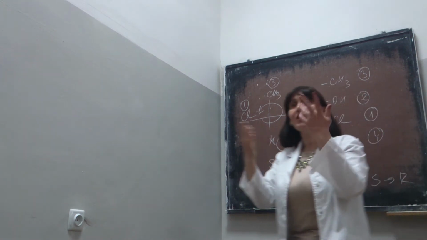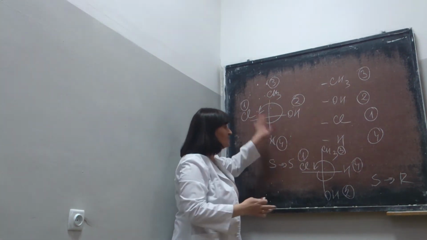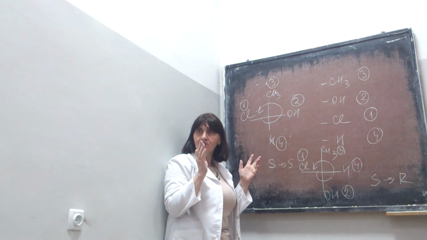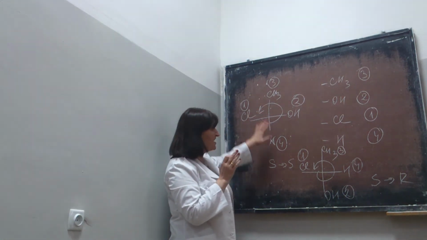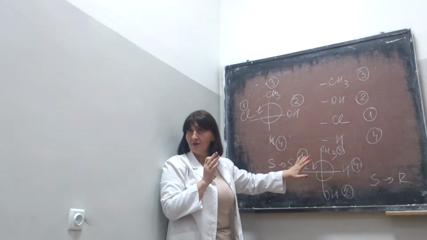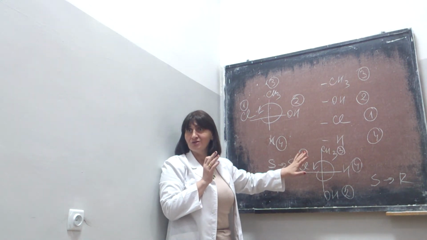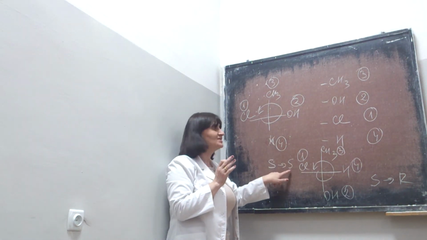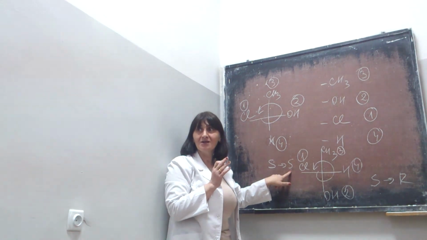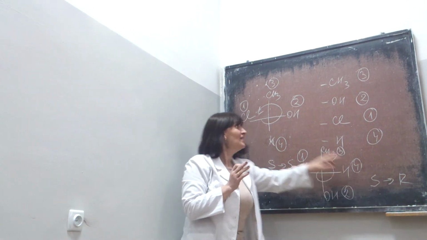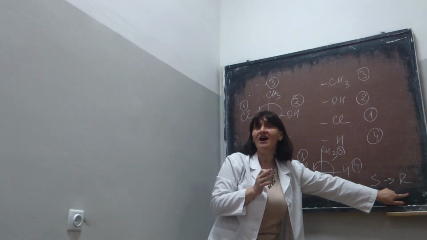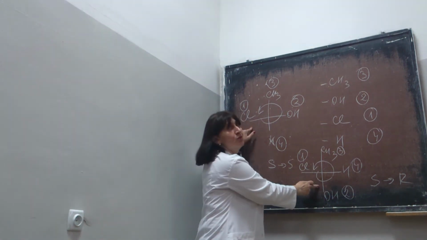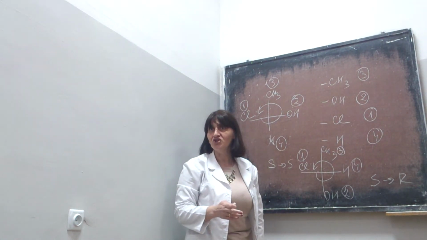As you see these two structures, you can determine whether they are enantiomers of each other, because they are mirror images of each other. Remember, if you have enantiomers and one has S absolute configuration, the second always has R. If here you have S and here you have R, with the same substituents, then these two molecules are enantiomers of each other.